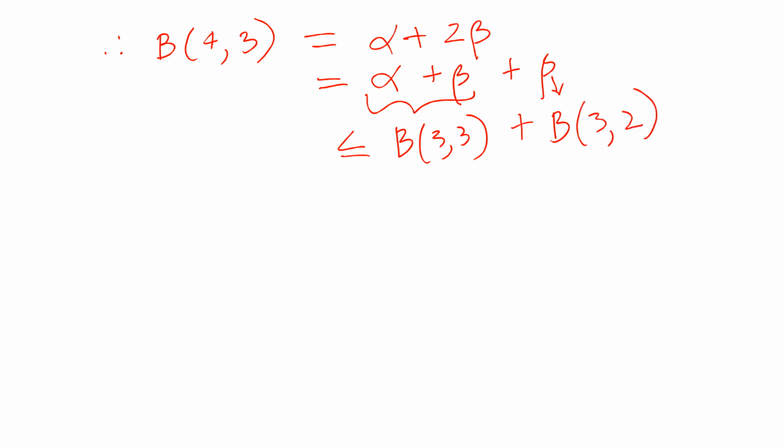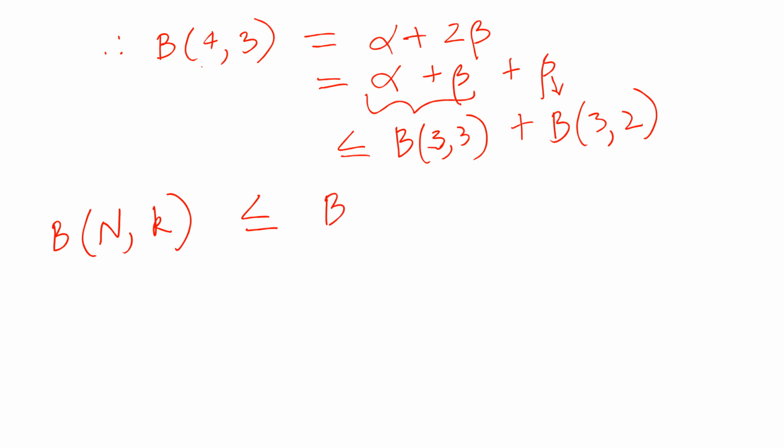We can actually go on with other values of B(4,3) and prove, but I'm not doing that right now because this is enough to generalize this argument and say that B(n,k) is always less than or equal to, I'm going to replace these quantities with n's and k's, right?